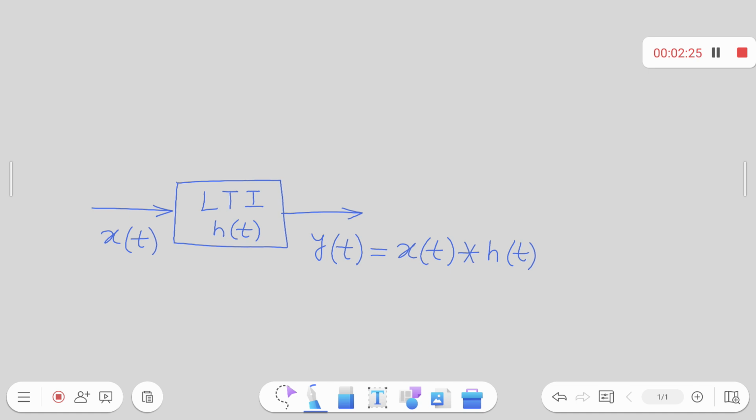While arriving at this, what we have actually done is represent the signal x of t as a weighted summation, or weighted integration, of a number of impulse functions, an impulse and its delayed versions. So we have represented any arbitrary signal x of t or x of n as the weighted accumulation of impulse and its delayed versions.